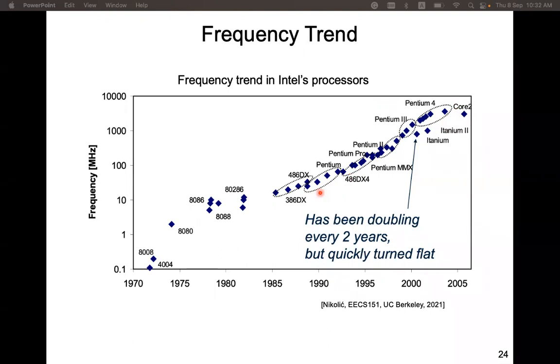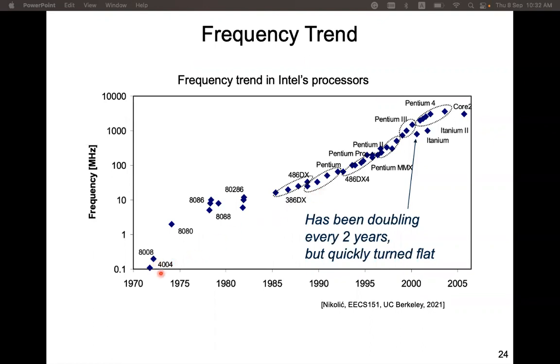The clock frequency is certainly closely coupled to the performance, to the speed of the applications. So the higher the clock frequency, the faster the applications that we can enjoy.